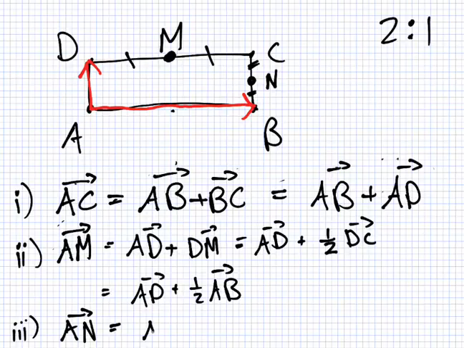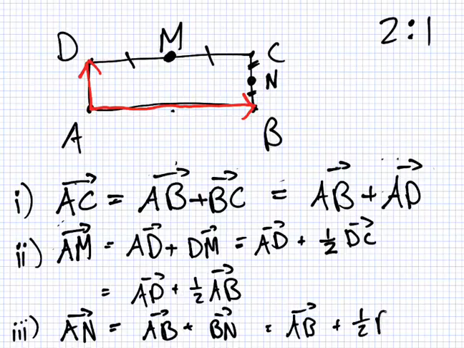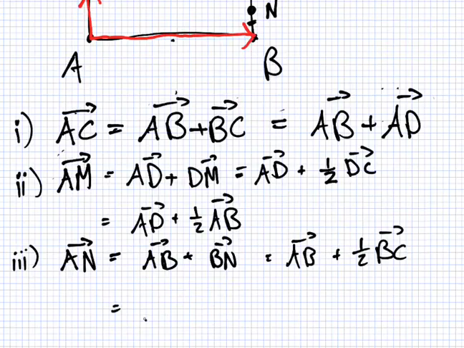AN is AB plus BN. AB is AB, but BN is a half of BC. And what's BC? AD, isn't it?